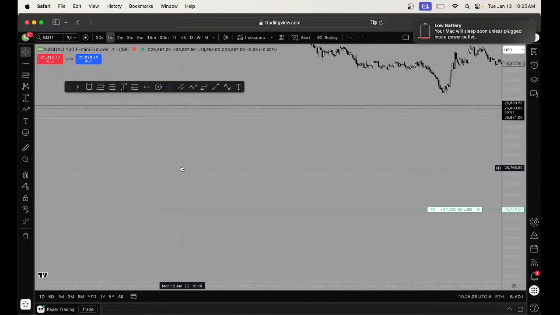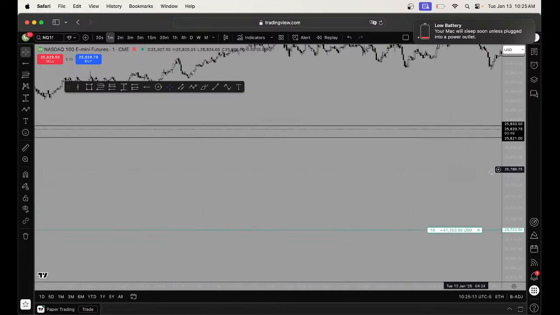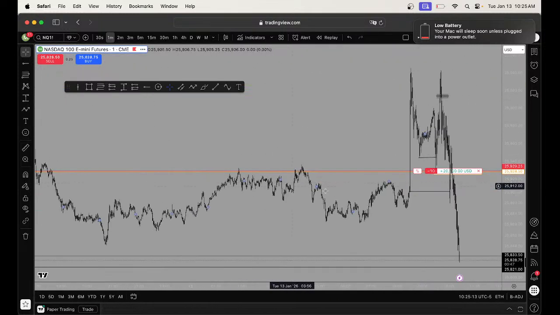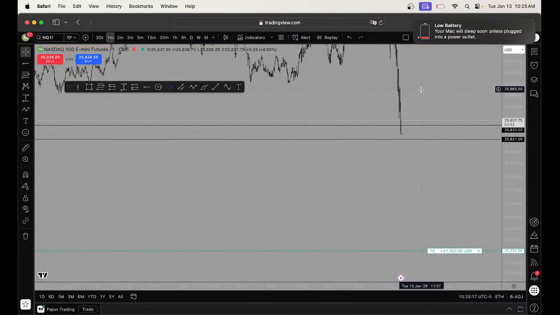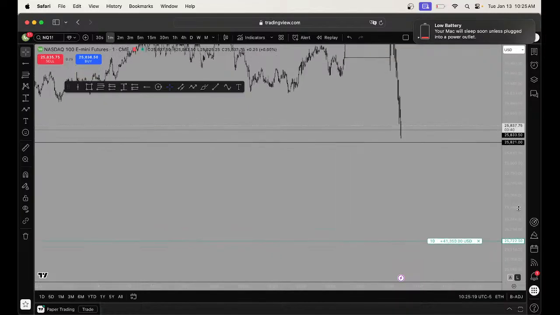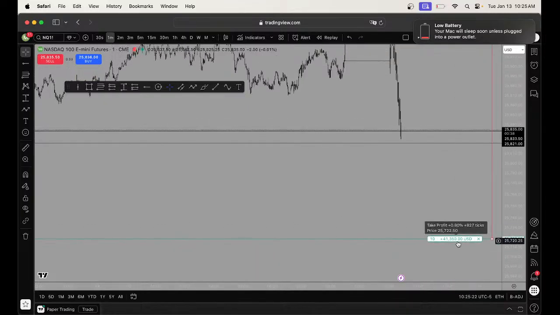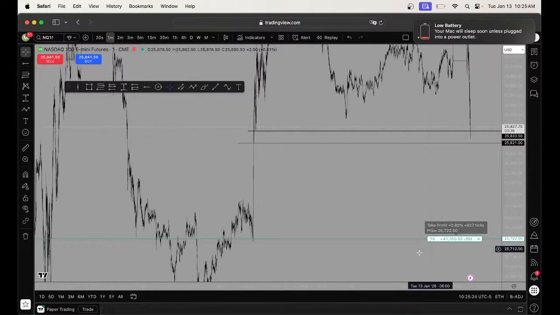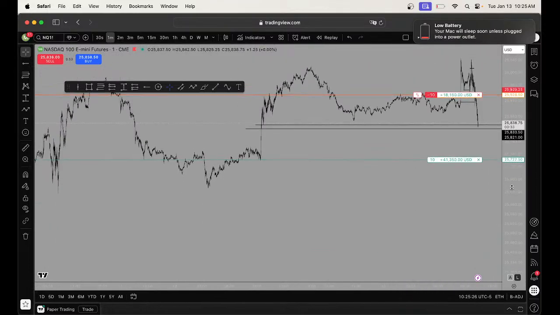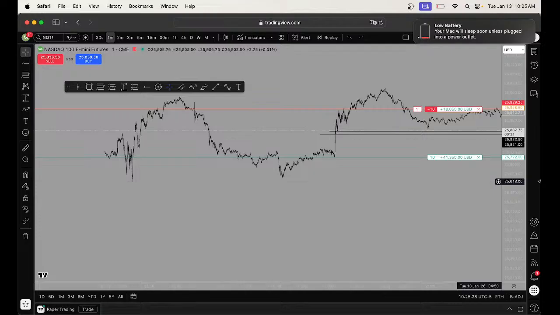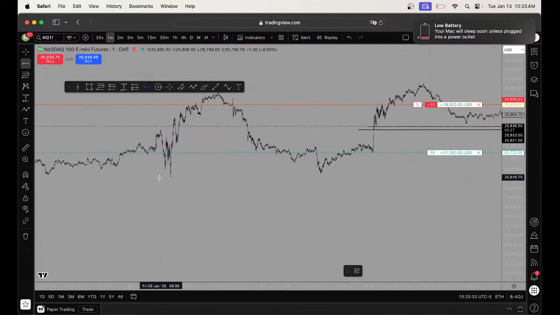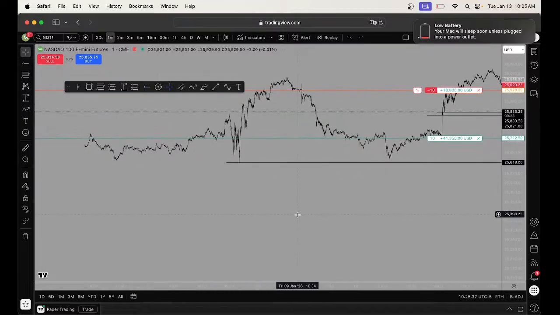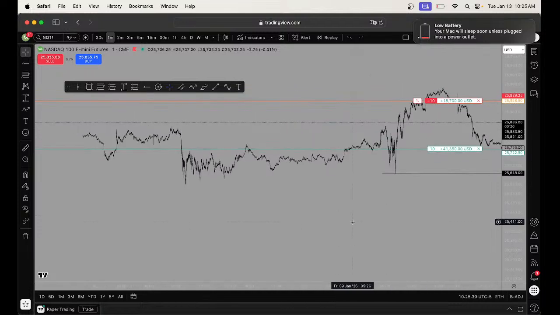Let's see. For me to be bearish tomorrow, we gotta displace lower than these lows.